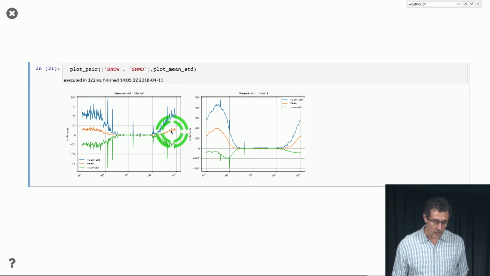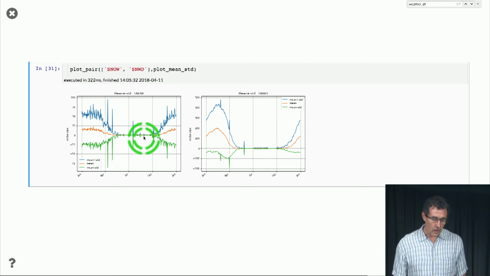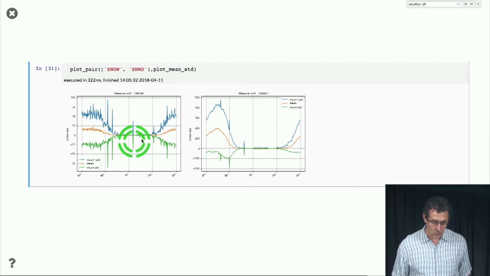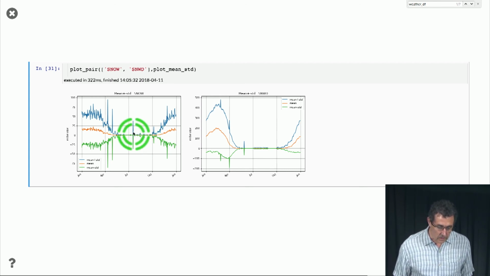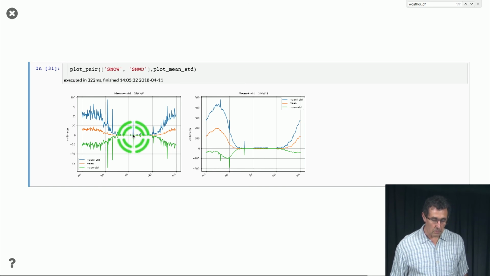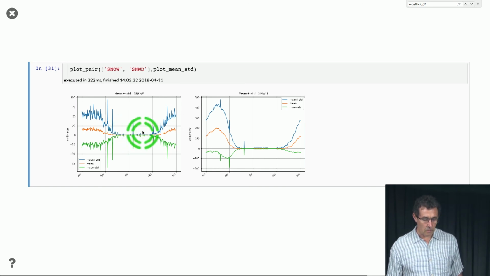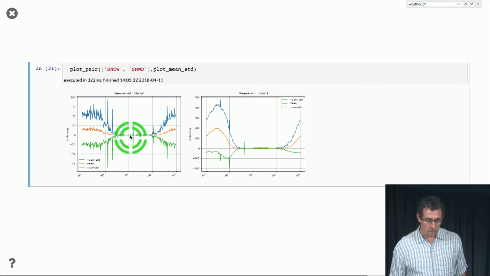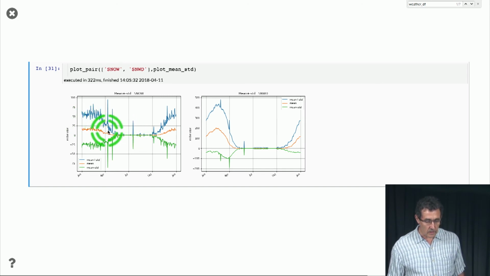In the middle of the year, during the summer, there is basically no snow, unless this measurement is real, but probably it is just some error in the measurement. Overall, this is still very noisy.